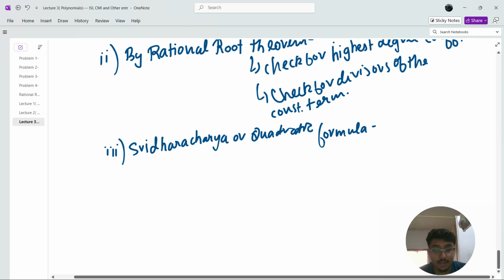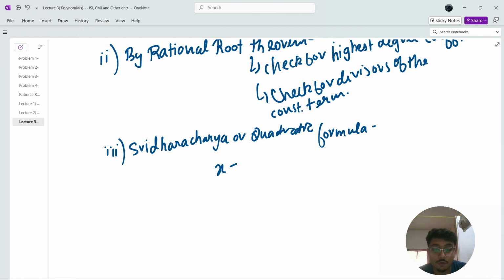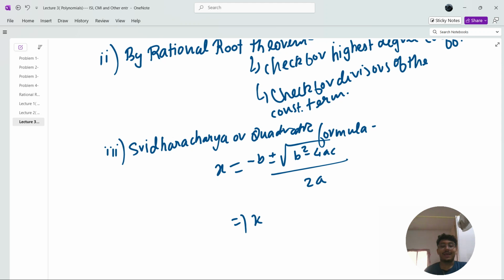So here, what can I say? My roots, x, would be given by a formula which we unfortunately need to learn. It was already done in my classes 7 and 8, so I'm just revising it once more. It's x equals minus b plus minus root over b square minus 4ac by 2a, or x equals minus b plus minus root D by 2a.